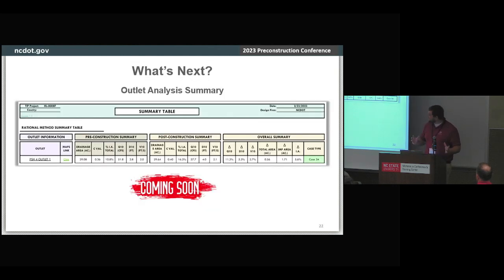And one thing that we definitely wanted to incorporate was a summary table. Something to have at the beginning of the report for all of your outlets so that you can see your pre-posts all in one sheet across the whole project. This is intended for better QC/QA, so you can identify problems quickly. We also wanted to include what the case types are to ensure that we're meeting that stormwater rule.